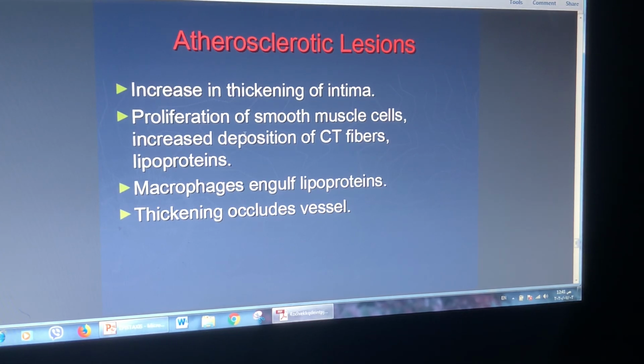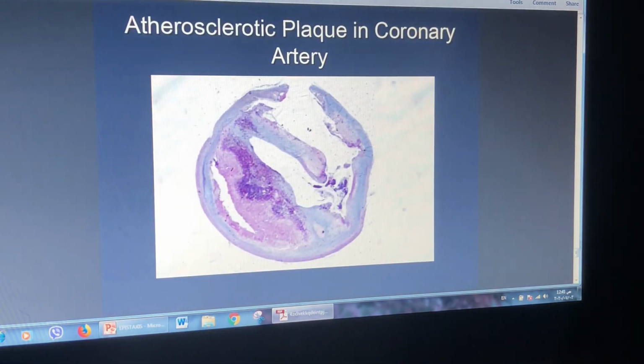The thickening occludes vessels. Now, this section shows the atherosclerotic plug in a coronary artery, which blocks the artery and causes angina and infarction. And thank you.